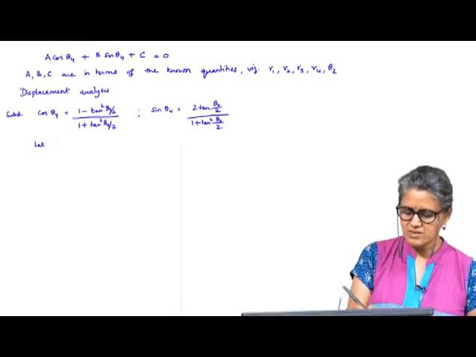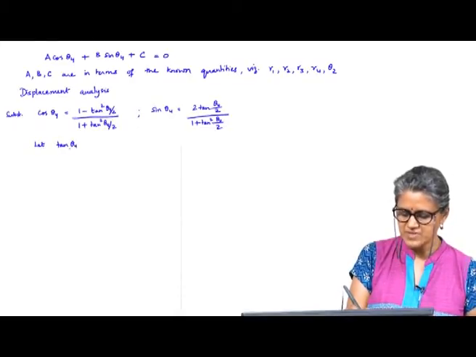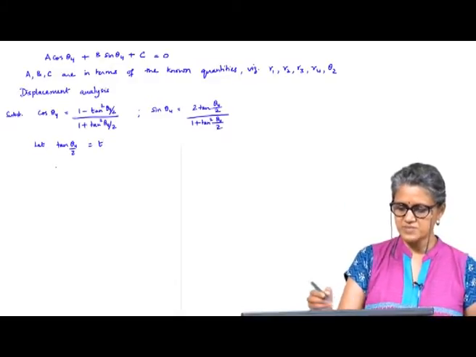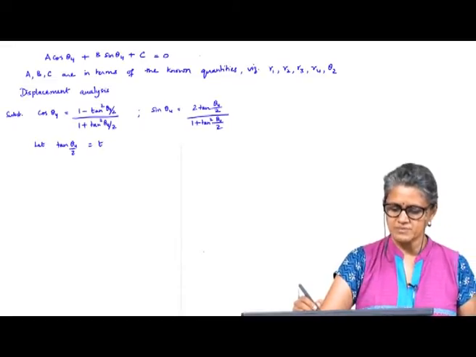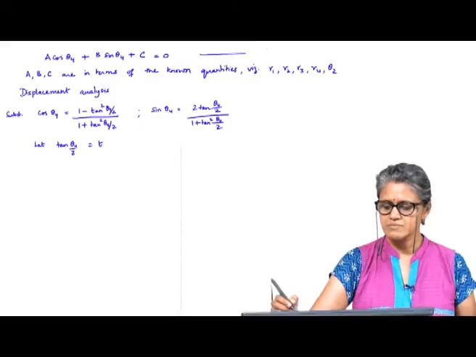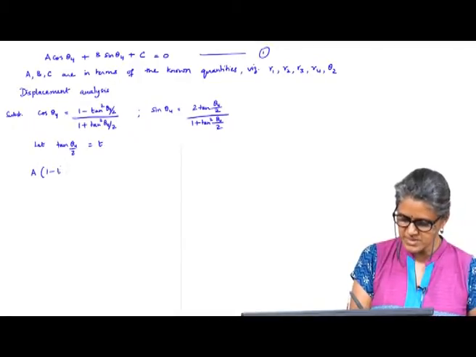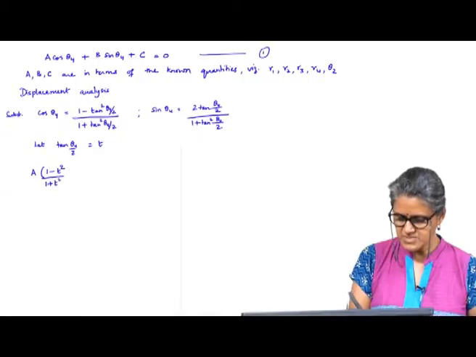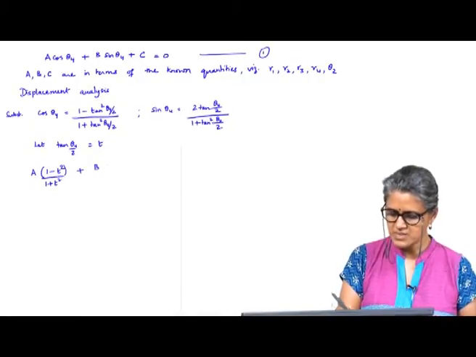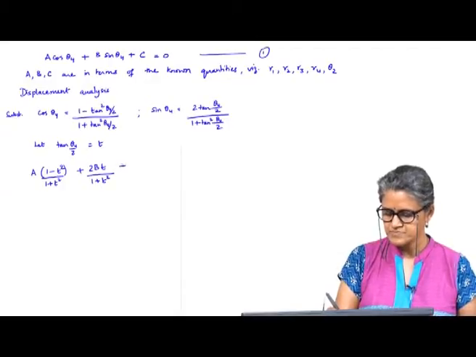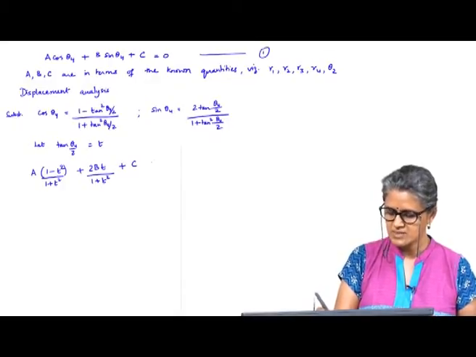To make my life easier, let me say tan theta 4 by 2 is equal to T. If I substitute back into this equation, I get A into 1 minus T square by 1 plus T square plus B into 2T by 1 plus T square plus C equal to 0.